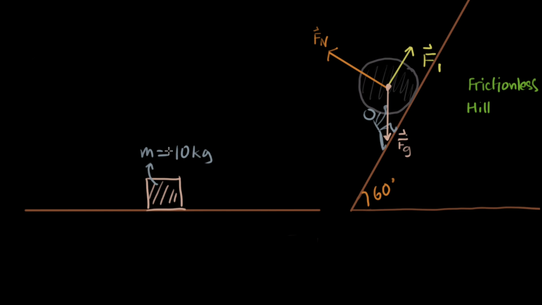Because of Newton's laws of motion. If there is an unbalanced force, it will move. But if there is no net force, it will not change the state of its motion. And that means there are some forces which are canceling each other out.